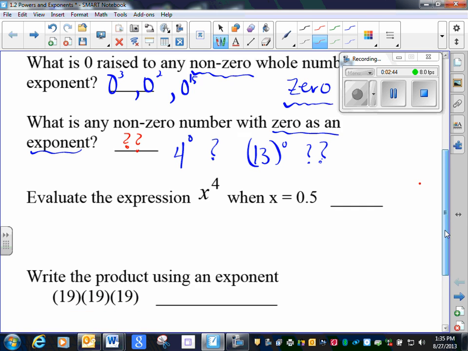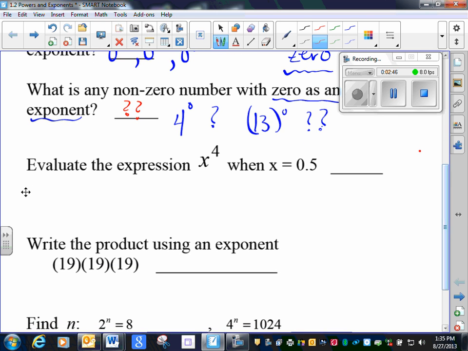All right, so let's look at what a couple of these evaluate problems come out to be. Remember, the word evaluate has the root word value. So we need to know what is the value of this expression, x raised to the exponent of 4, when x is 1/2 or 0.5.